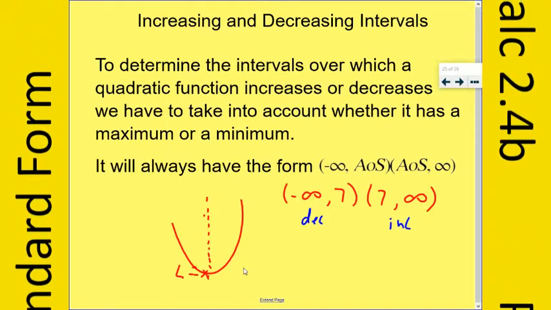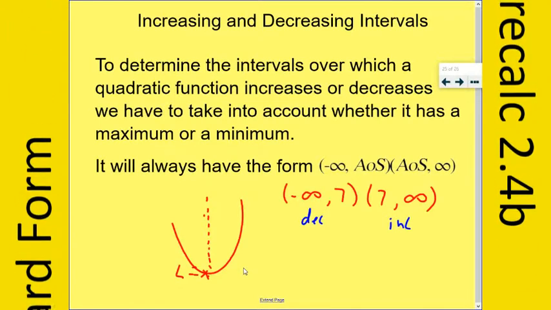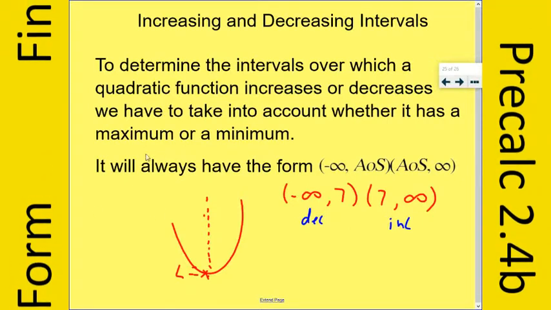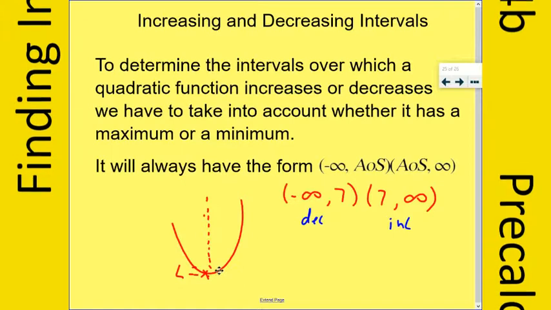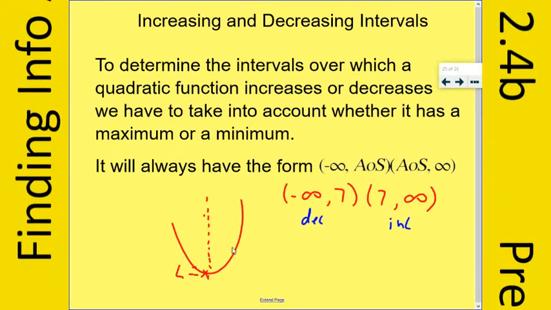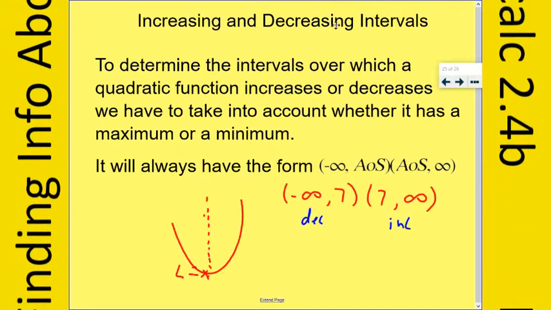Because as we're going from left to right, we go down, we're decreasing, and then after we hit the vertex, that axis of symmetry, we go back up and begin to increase.